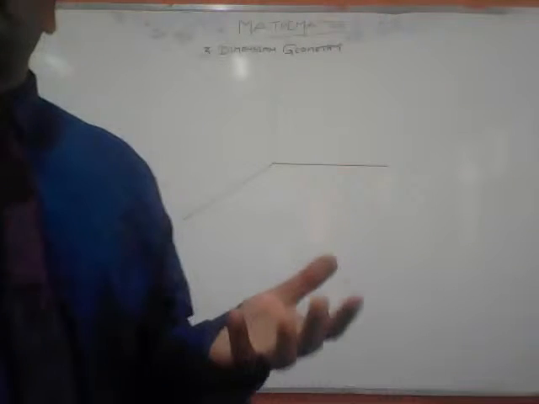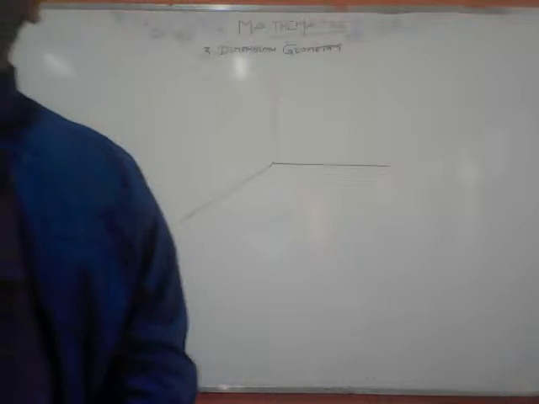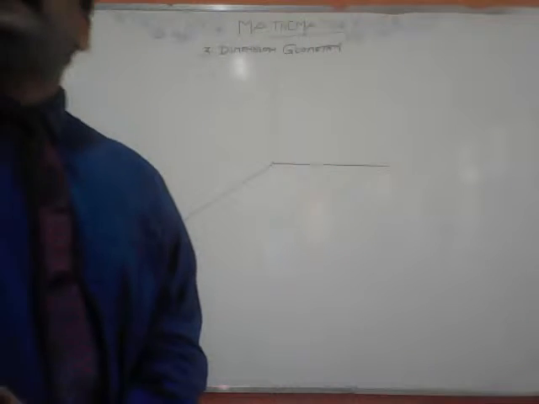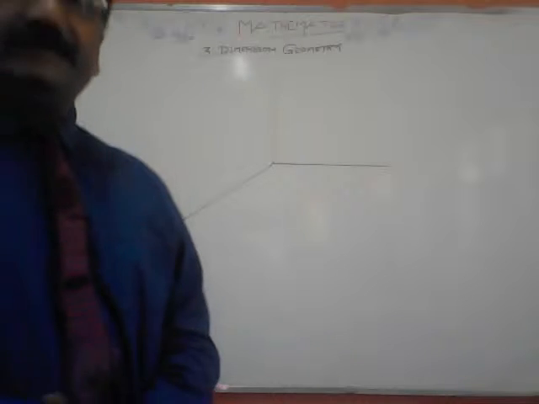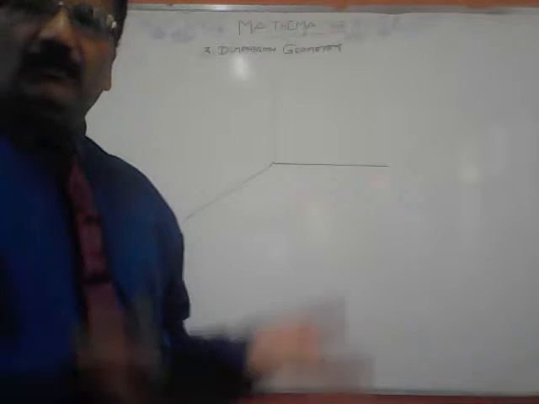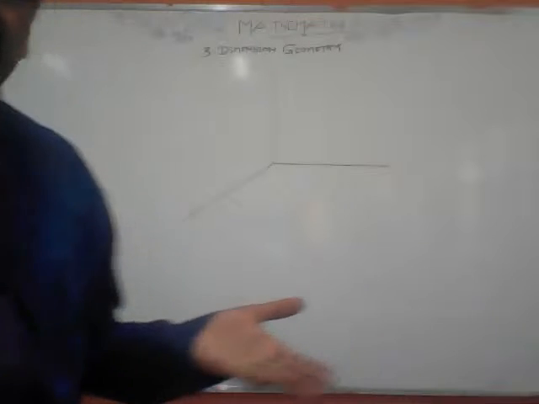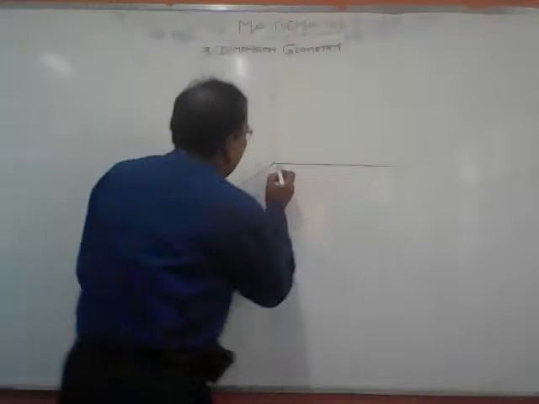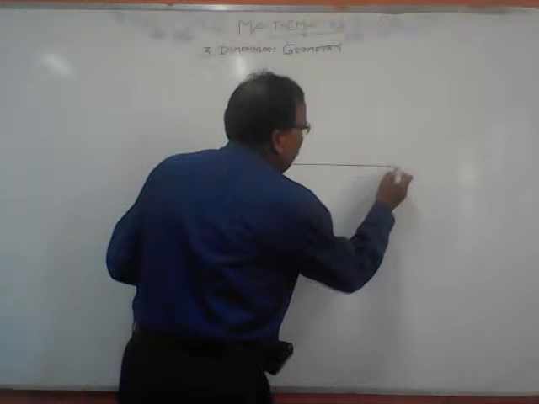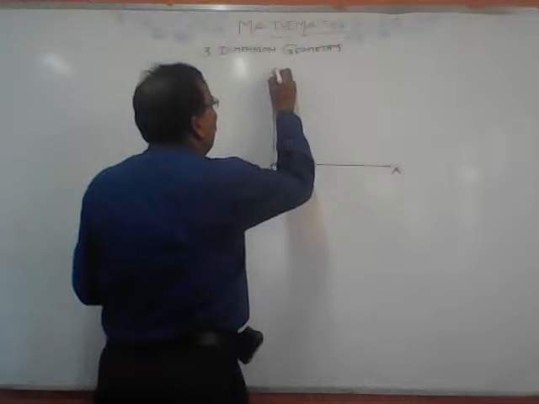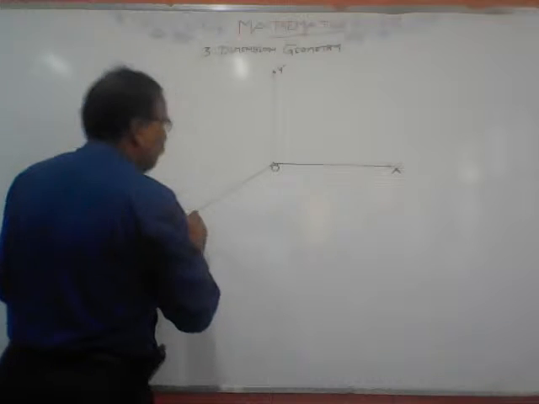We want to identify each and every point of space with the help of three mutually perpendicular coordinate axes OX, OY, and OZ.